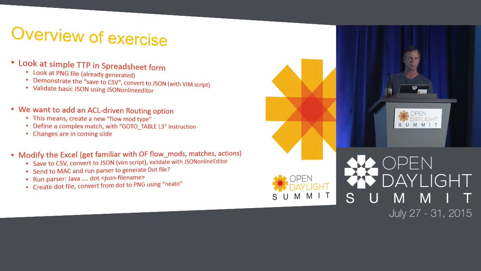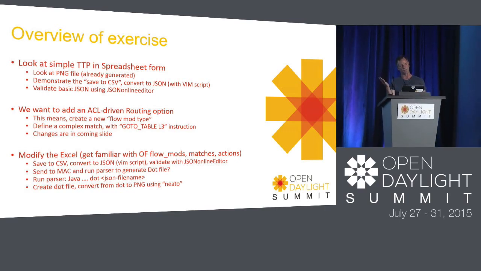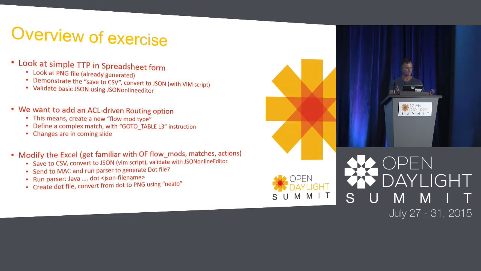Some of the utilities, I didn't put Vim on the thumb drive, but we can download that. Preetam downloaded and installed it, and it seemed like about 15 seconds from SourceForge. And then we can validate that using JSON Online, which you can do on the web, or you can install the Chrome utility if you do that in advance.